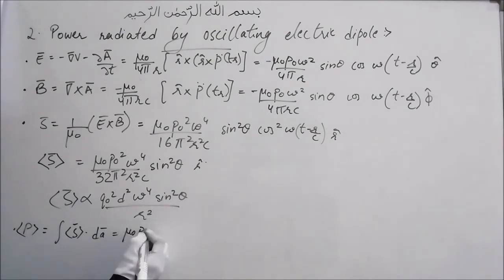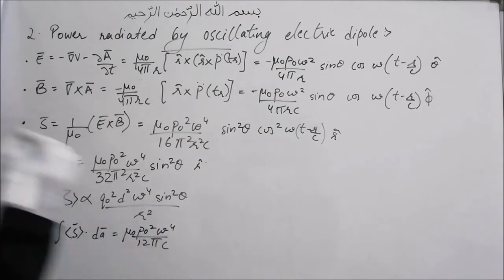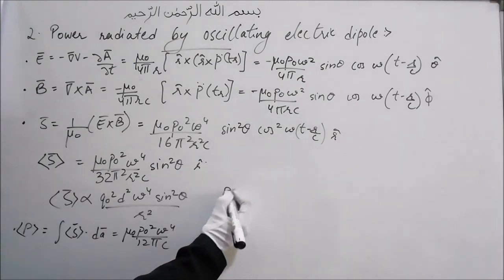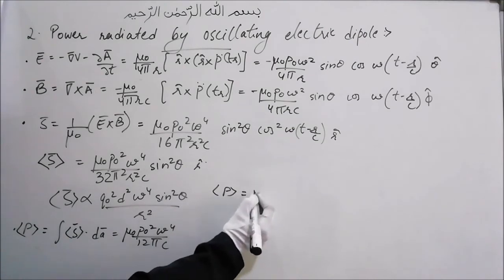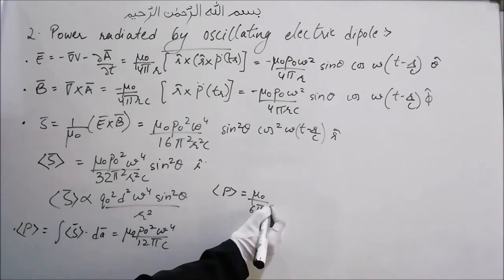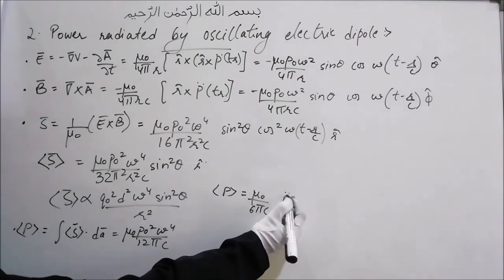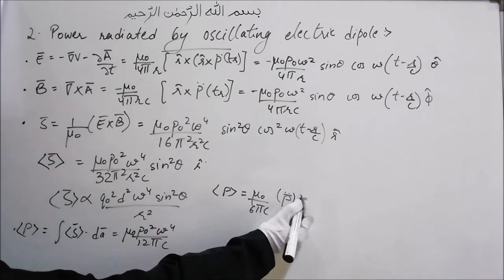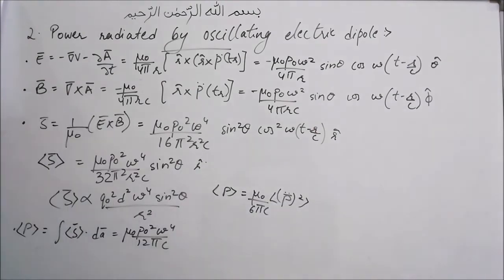mu naught p naught squared omega raised to 4 upon 12 pi c. So the formula here can be, average power radiated will be equal to mu naught upon 6 pi c p double dot squared and the average of this term.